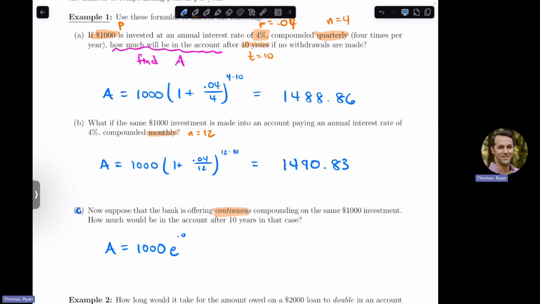E, 0.04 times 10. Good that far. Somebody give me the rest of it when you have it.